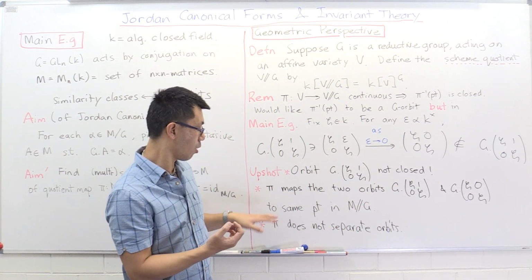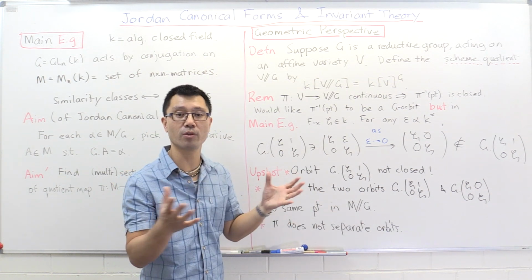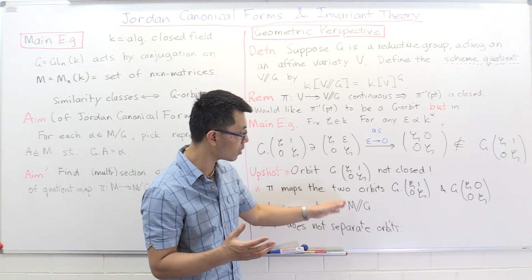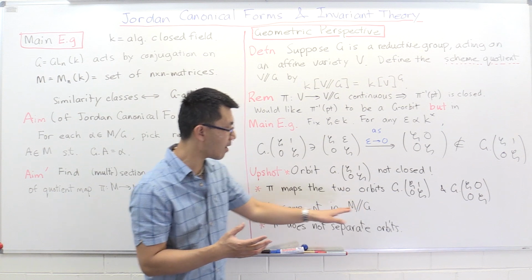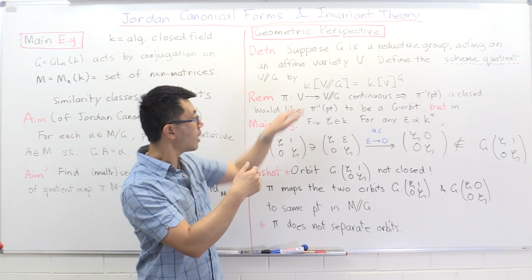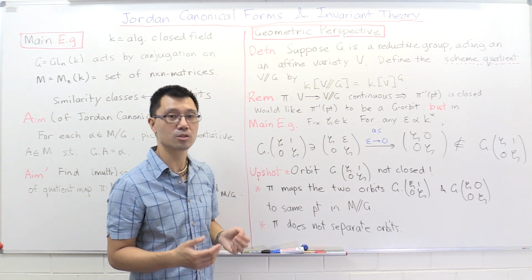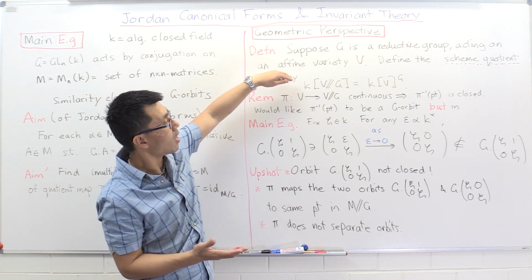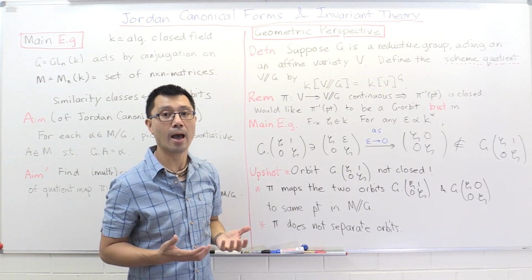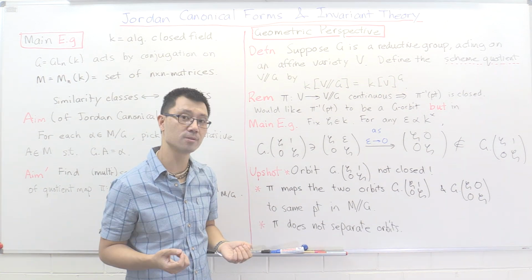So in particular, one way to state what's going on here is that pi doesn't separate all the orbits. We'd like the points here to correspond to the different orbits, but unfortunately that's not quite the case. One of the points corresponds to actually two orbits, and pi, this map here, doesn't distinguish these two orbits. So that's just one of the interesting phenomena that occurs when you define the scheme quotient in this way. And we'll see in a moment how that reflects the subtleties in Jordan canonical forms.